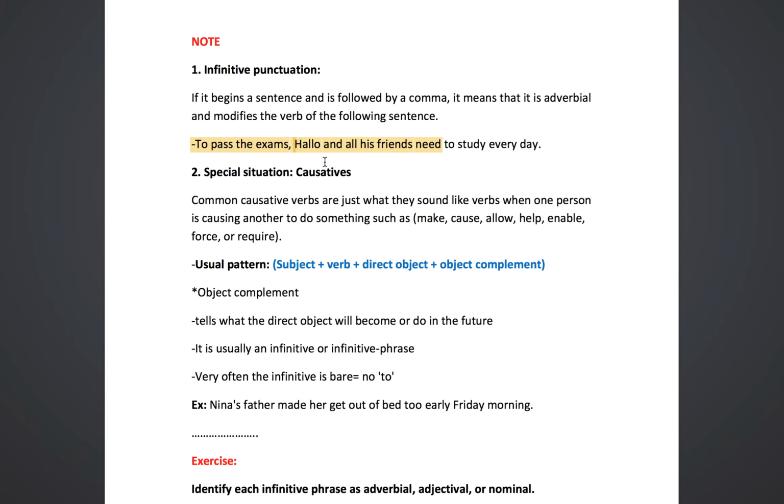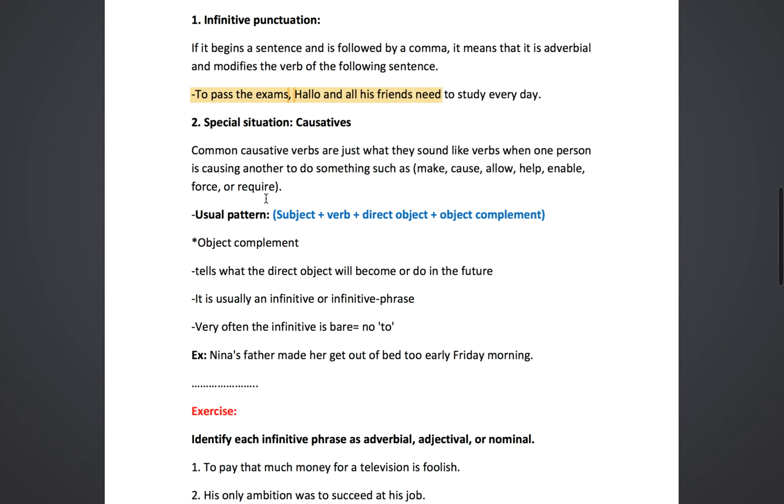This is another clue. We had the why question and we had also the "in order to" test, and here another clue which is a comma. By having a comma and then after that a subject and also a verb, that would be an adverb in that sentence. To pass the exams, infinitive phrase functioning adverbially.